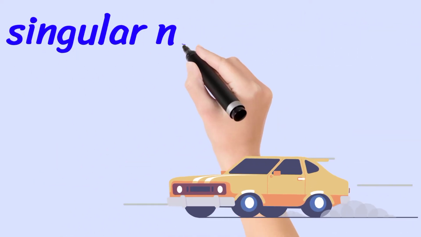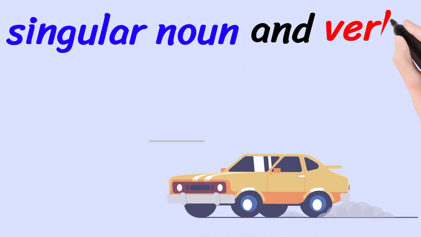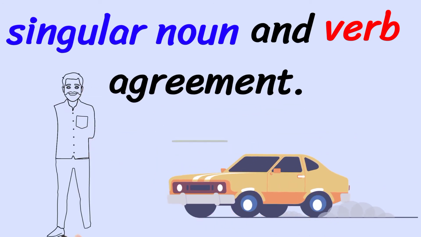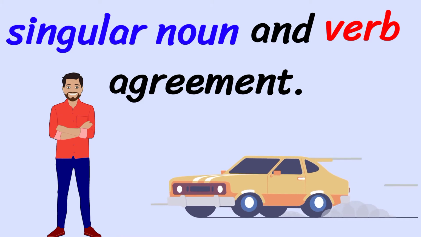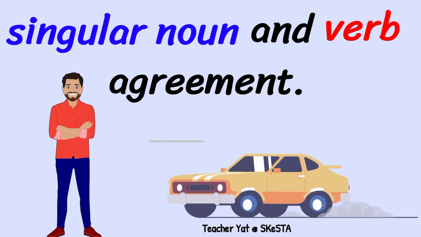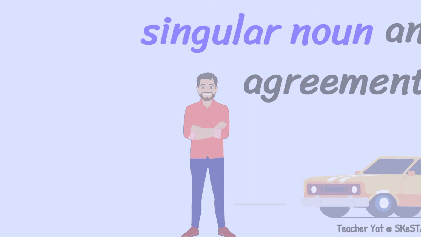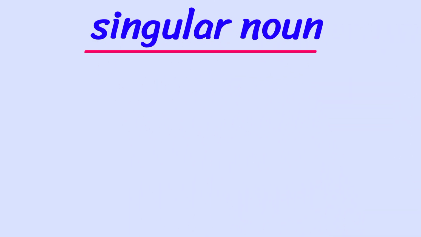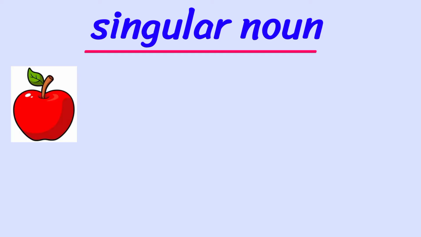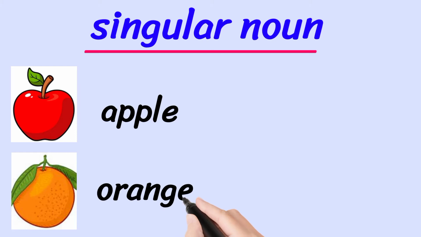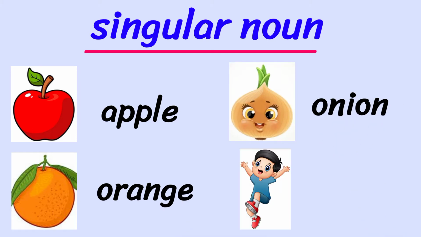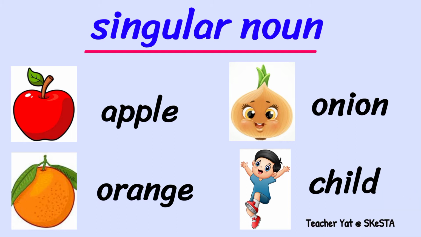Now, let us revise nouns as subjects, and we're going to learn how the nouns match the verb. First, let's learn about singular noun and verb agreement. We first need to remember that singular means one. Here's a couple of singular nouns: apple, orange, onion, child.